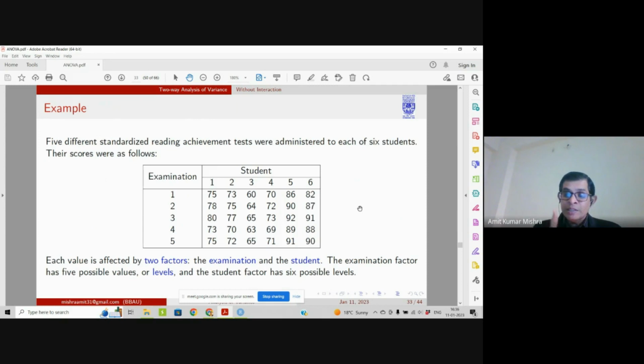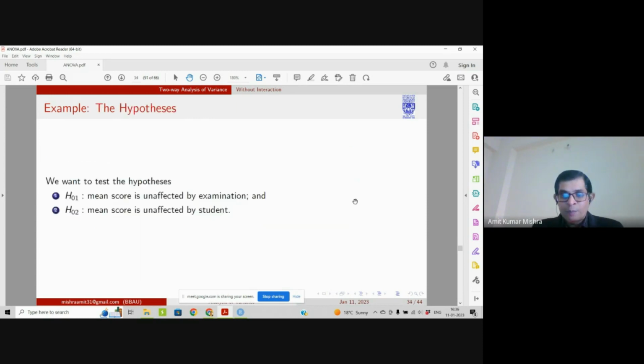One is examination and the other is student. Now you can see there are 6 students, so we can say that factor student has 6 levels, and there are 5 examinations, so we can say that factor examination has 5 levels. So this is a two-way analysis of variance example.